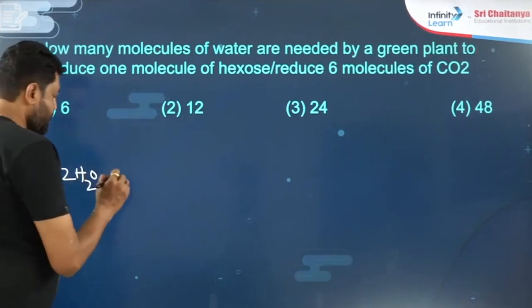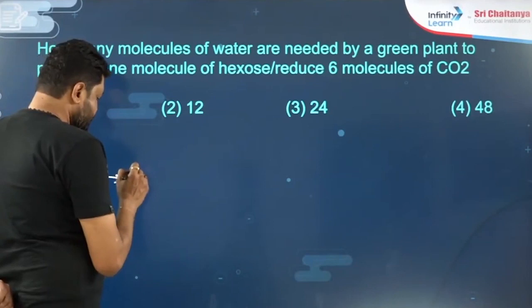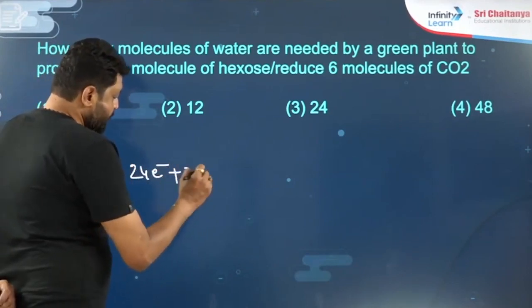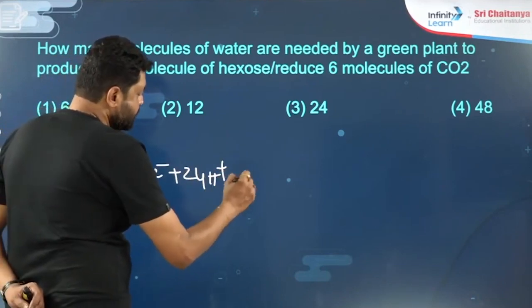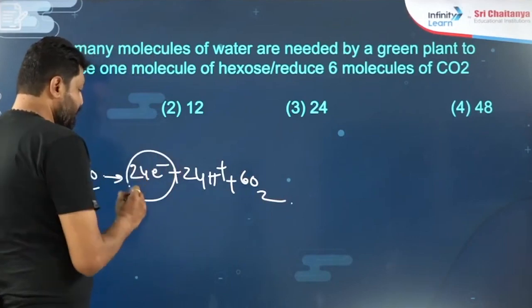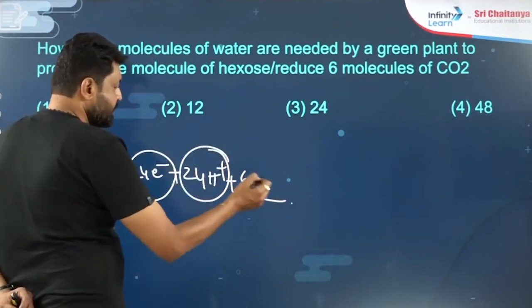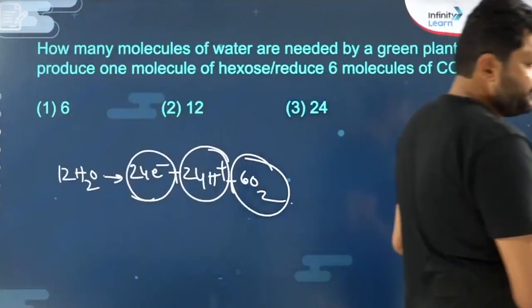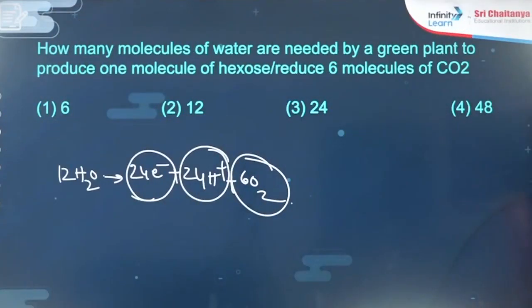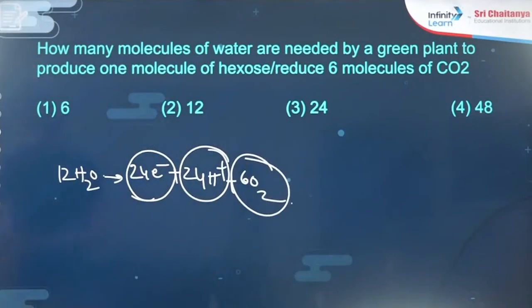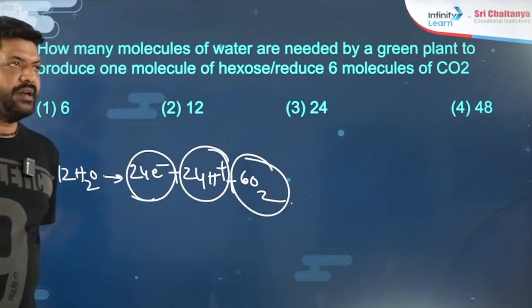Each water gives 2 electrons, so 12 water give 24 electrons plus 24 protons plus 6 O2 liberated. There are 3 questions here. The first: how many water molecules will undergo photolysis during light reaction? The answer is 12 water molecules.